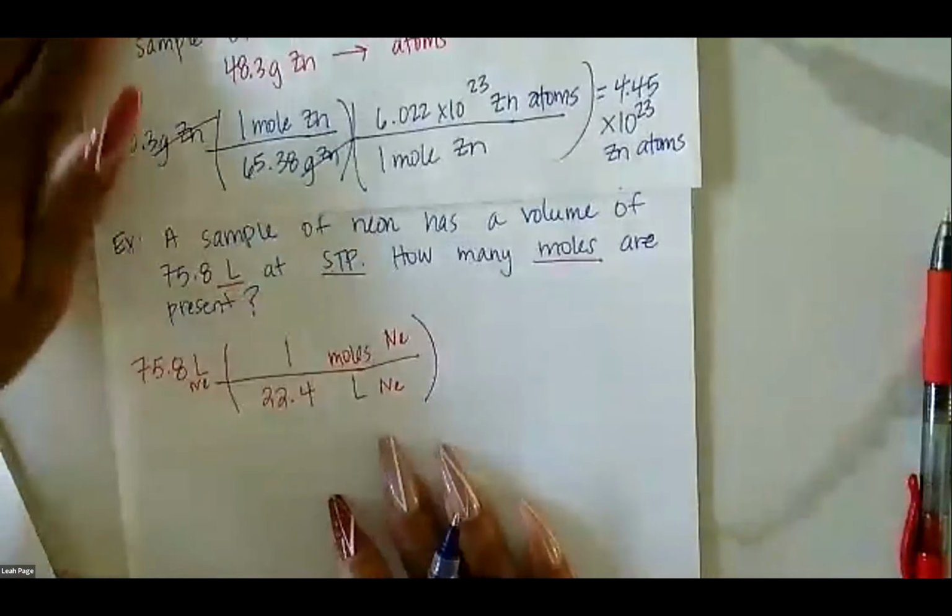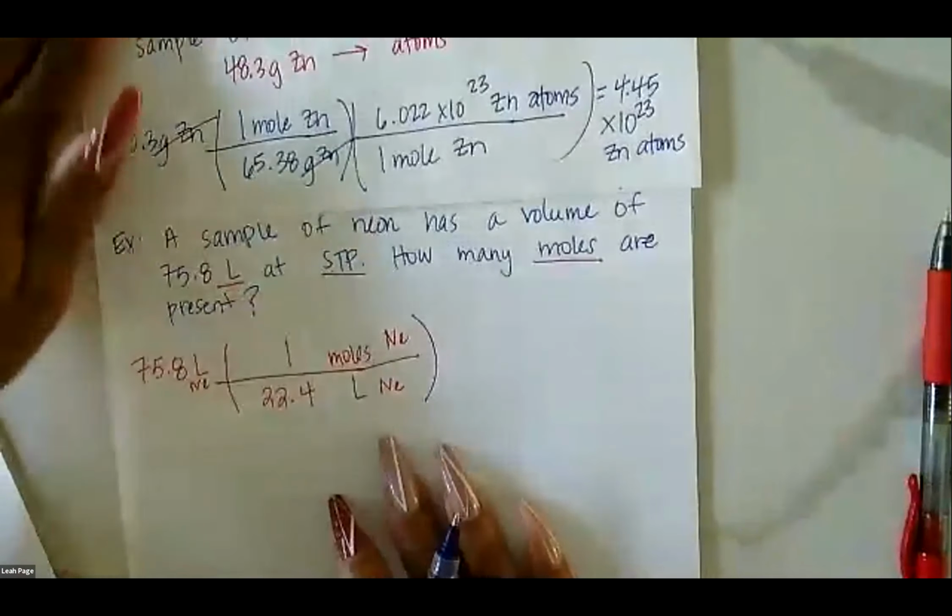If I have liters and I want to go to particles, I have to go to moles first and then particles. And vice versa. If I want to go from particles to liters, I have to go to moles first and then liters. So the key point is to always go to moles first.